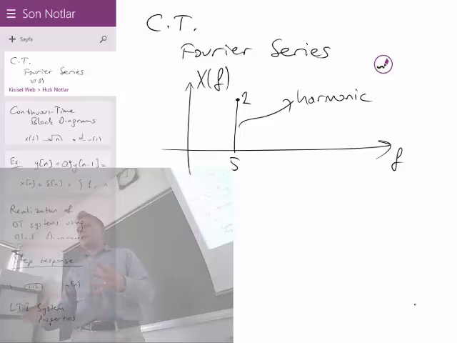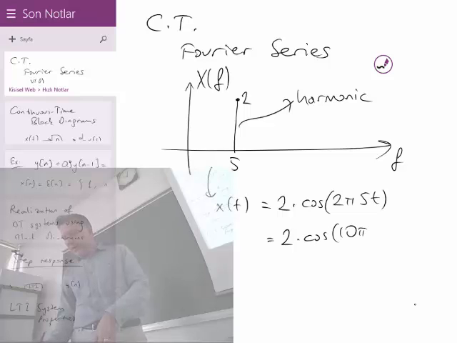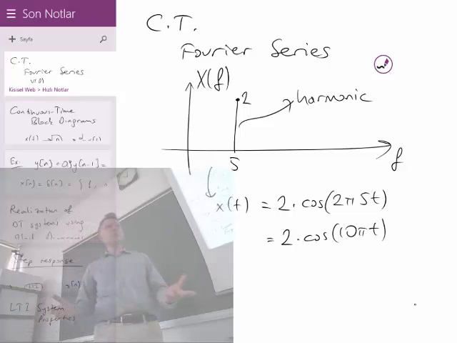If this harmonic is a cosine with frequency 5 and a magnitude of 2, then the corresponding time domain signal would be x of t equals 2 times cosine 2 pi f t, where the frequency f is 5, so x of t equals 2 times cosine 10 pi t in short.